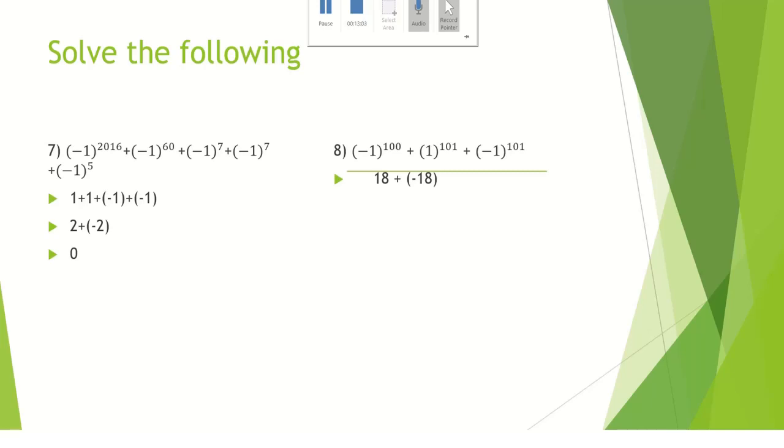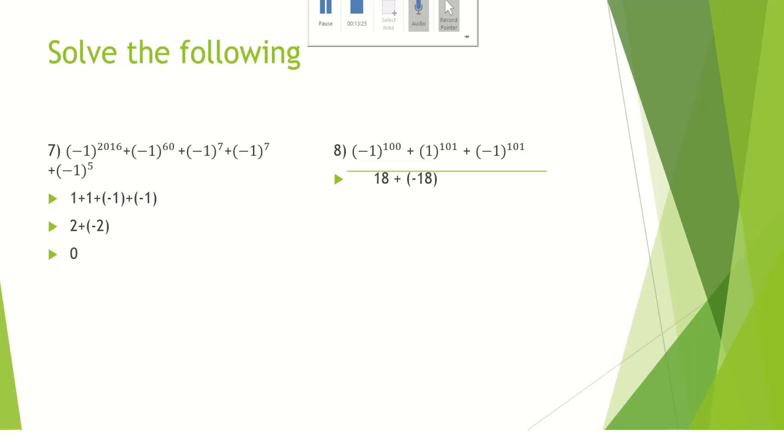Numerator, minus 1 whole to the power of 100, which is equal to, the 100 is an even number, obviously you will get a positive 1. And here 1 whole to the power of 101. So 1 is actually a positive number, and positive is always positive any number of times.